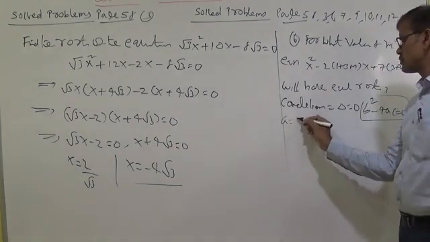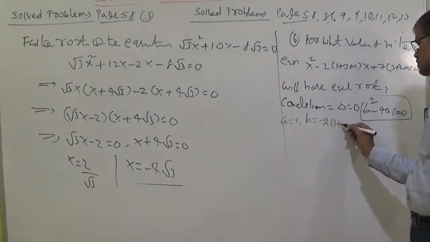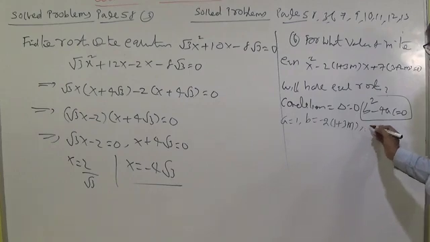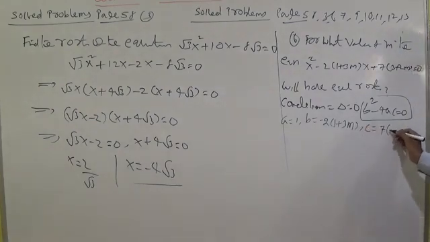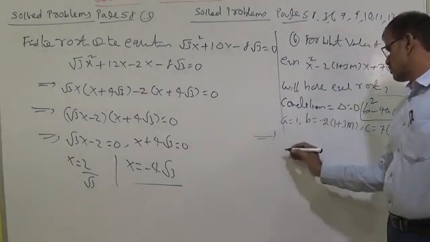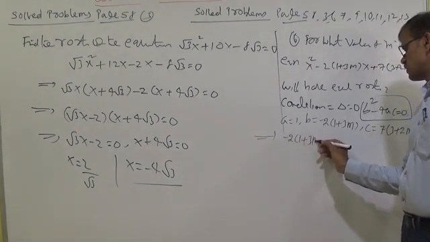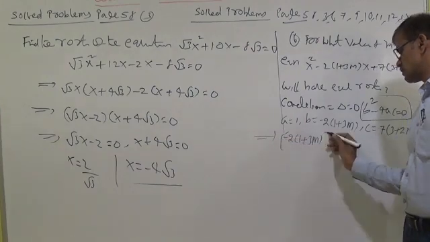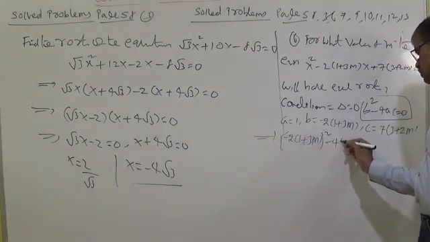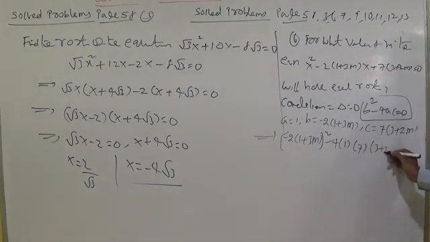According to the given question, a is equal to 1, b is equal to minus 2 into (1 plus 3m), and c is equal to 7 into (3 plus 2m). That implies, using the condition b square minus 4ac, you can write minus 2 into (1 plus 3m) whole square minus 4 into 1 into 7 into (3 plus 2m) is equal to 0.